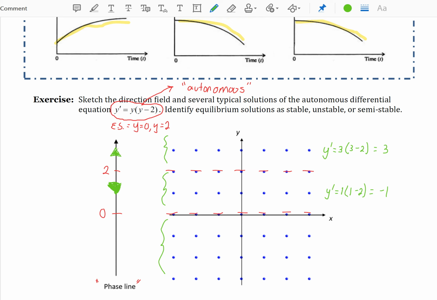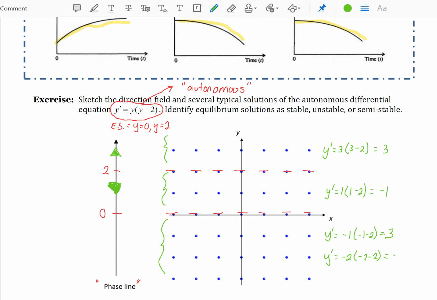Similarly, anything in this region down here, and this is where maybe this is more instructive, let's imagine the line y equals -1. Along the line -1, your slopes would be -1 times -1 minus 2. And I think these end up being +3. If we picked anything along the line y equals -2, then here your slopes would be -2 times -2 minus 2.